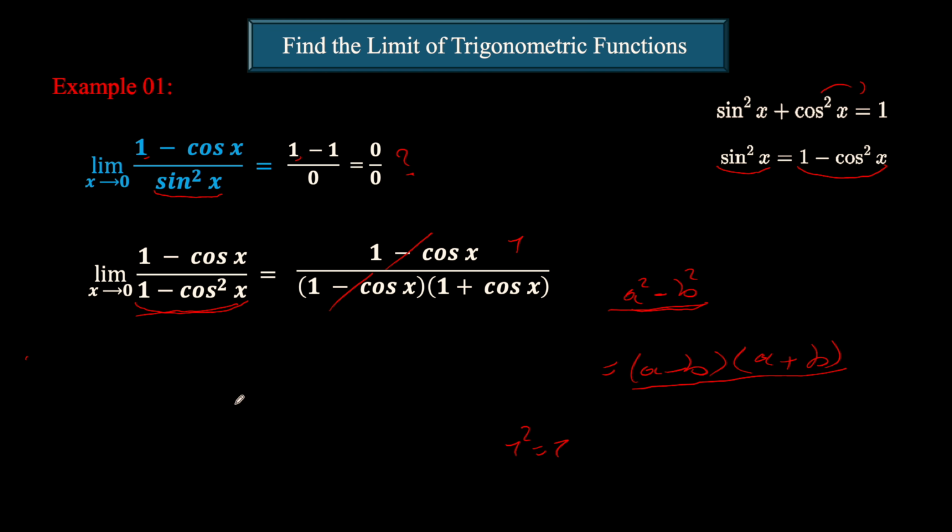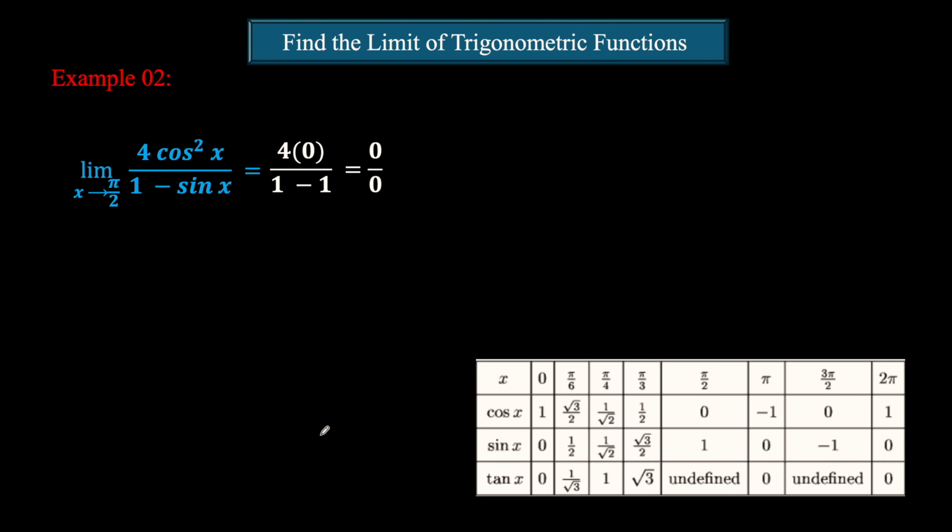So we'll get 1 over 1 plus cosine of x. So now find the limit as x approaches 0 for 1 over 1 plus cosine x. If you substitute x by 0, you'll get 1 over 1 plus 1, and this is equal to 1 over 2.